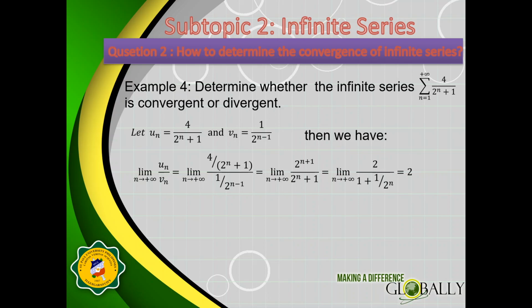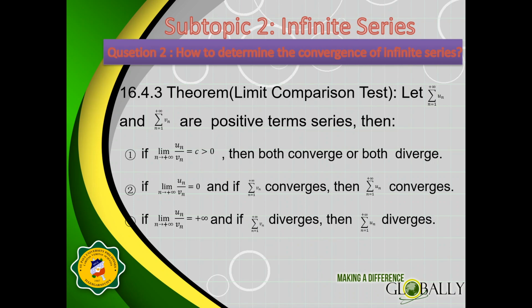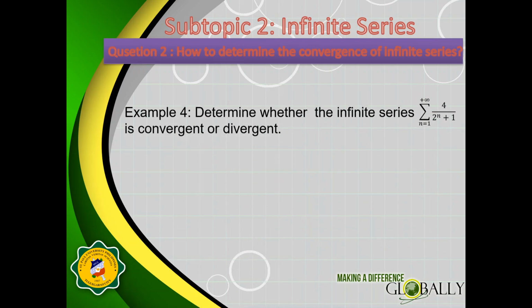This is a geometric series, right? And we use the limit comparison test here. We know that the conclusion is right. The first condition, right? So from the first condition, we know then both converge or both diverge, right?